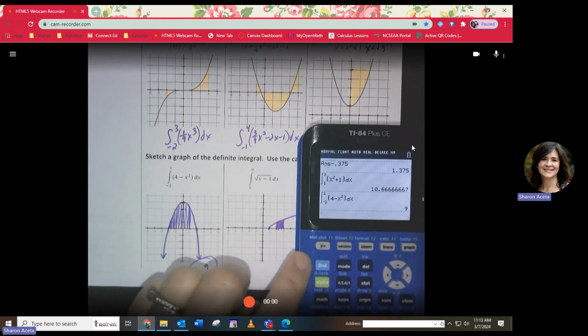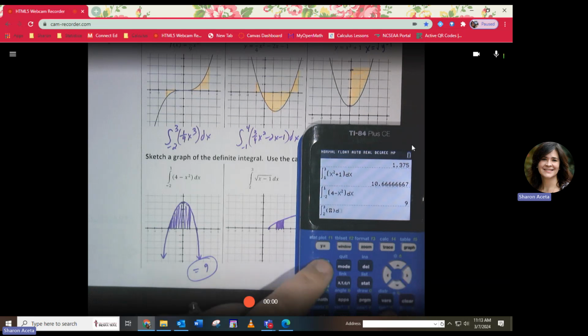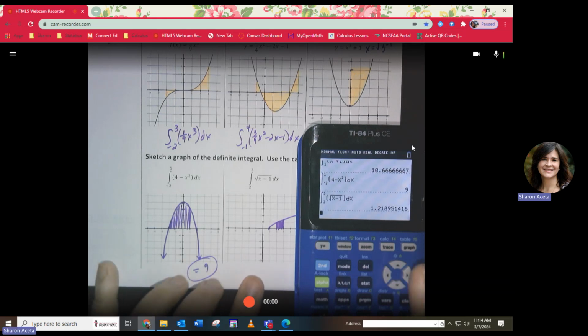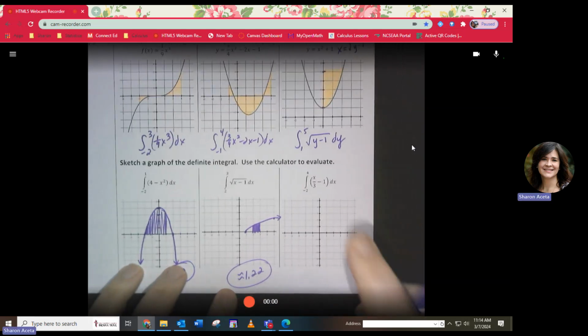Let's find out what that area is. Oh, there we go. 2 to 3 of the square root of x minus 1. And that is about 1.22.